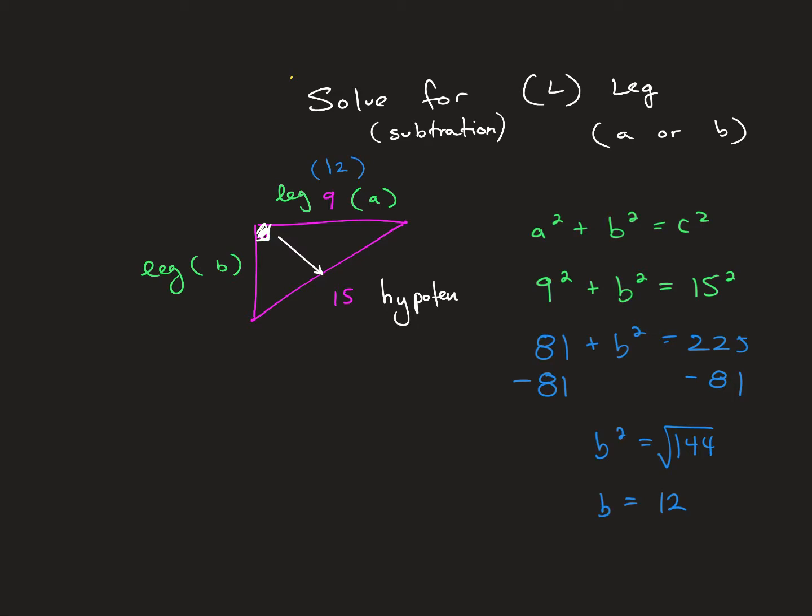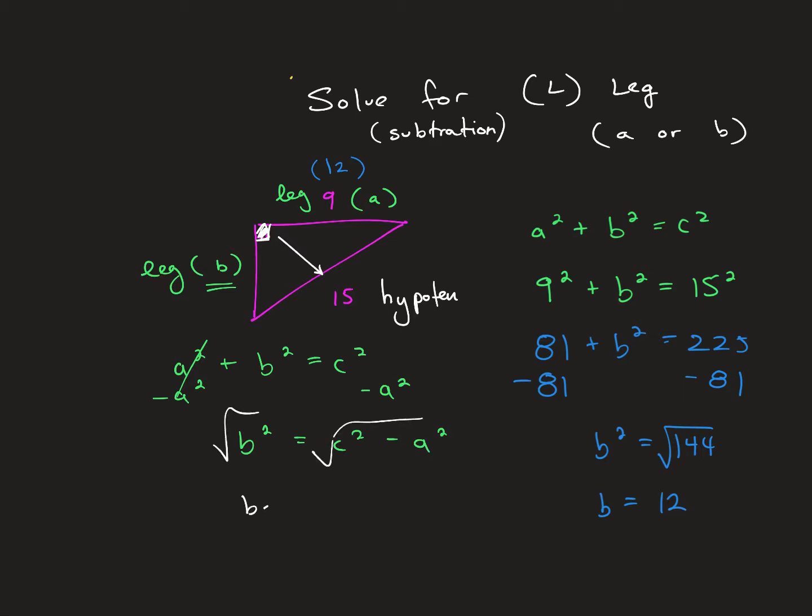Now you may see this idea that some will solve for the B first. So for instance, they'll do minus A squared, like if I'm solving for the B, minus A squared. B squared is equal to C squared minus A squared. Take the square root of each side.